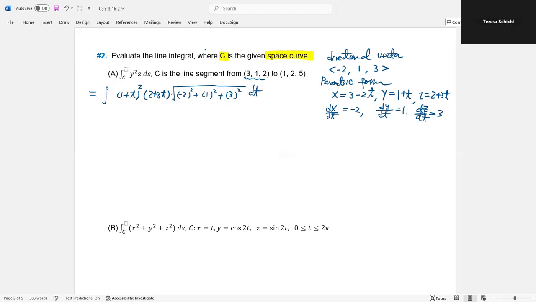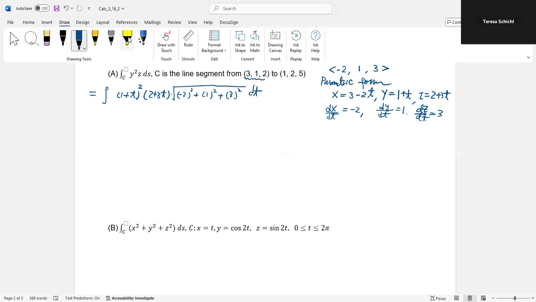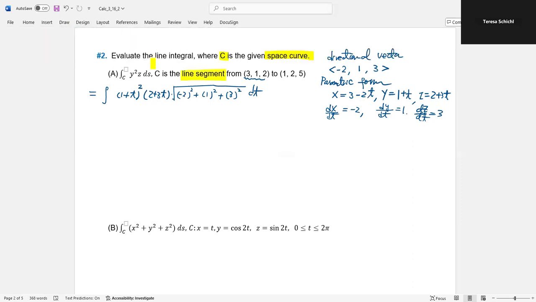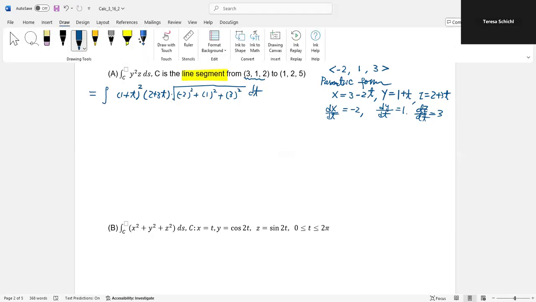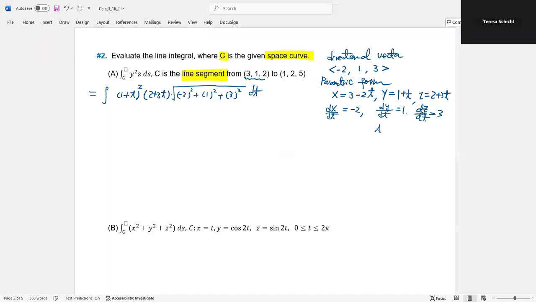So what are the bounds for t? Remember for the line segment, t starts at the point (3, 1, 2), so t starts at 0 and ends at 1.